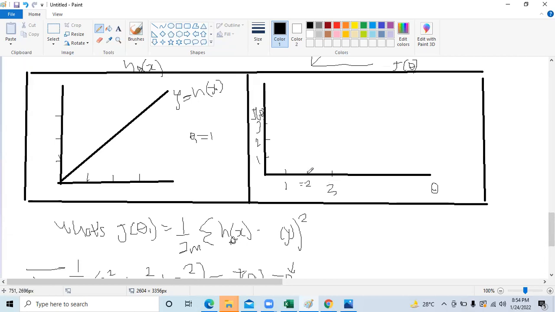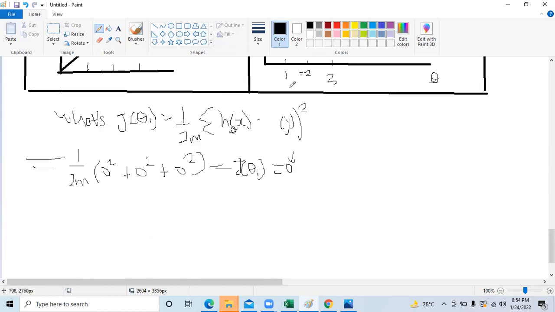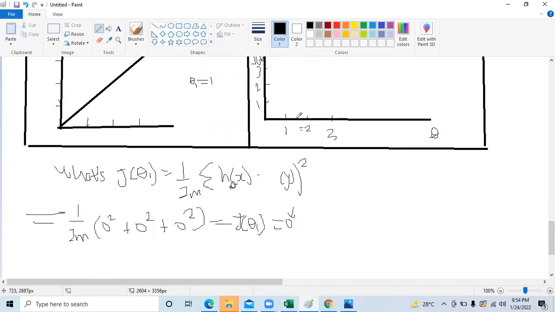This is our theta axis. So theta here was equal to 1, and then j theta was 0.